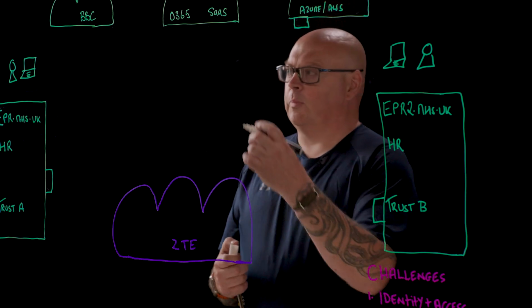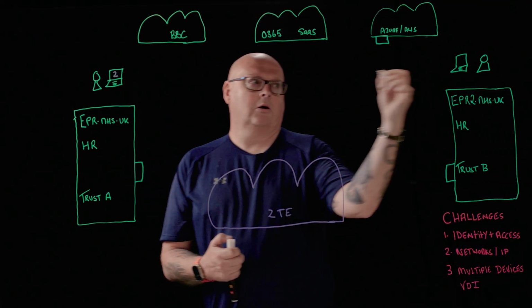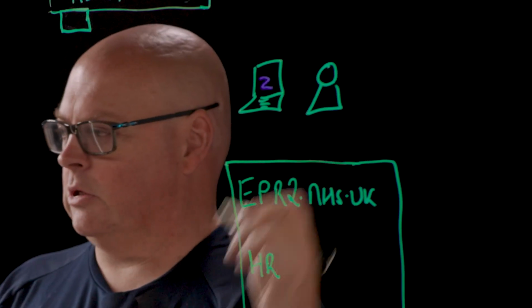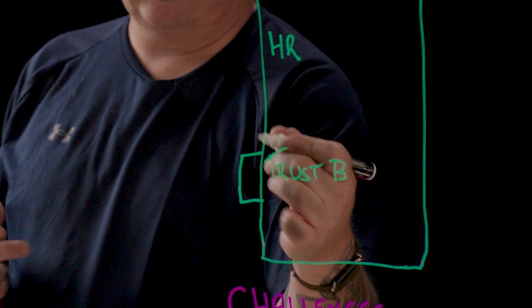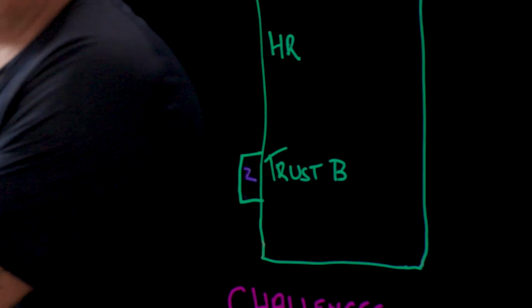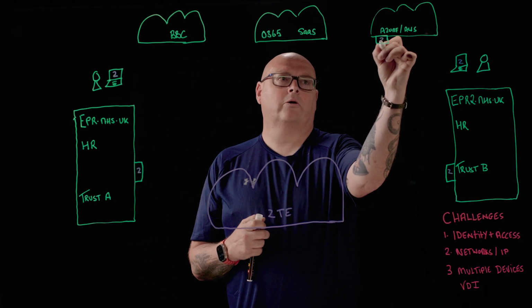And we do that by placing a little tiny lightweight client connector on the laptops and inside the data centers of both trusts. We call this an app connector. And we can also put an app connector in public cloud, like Azure or AWS.